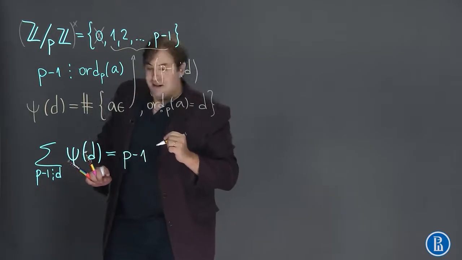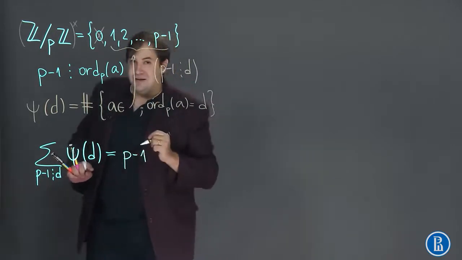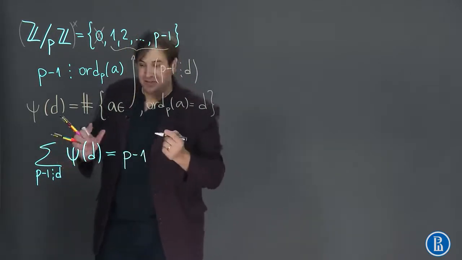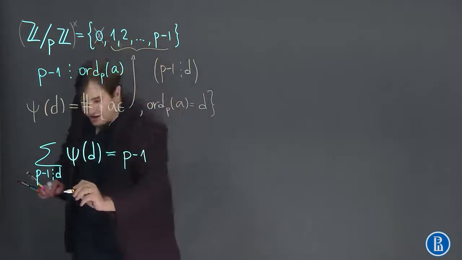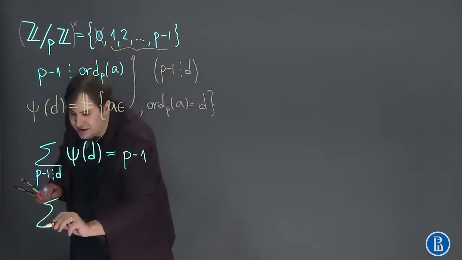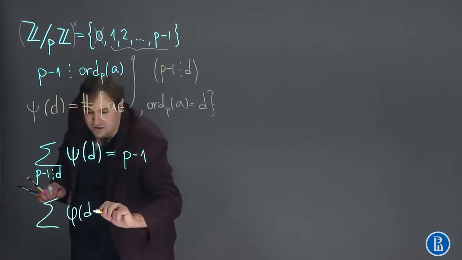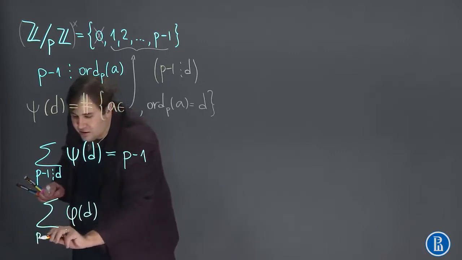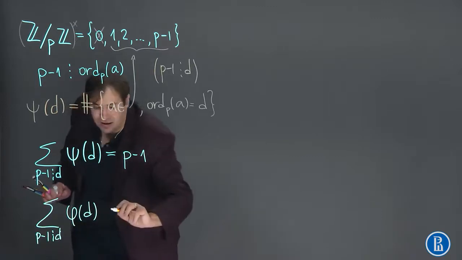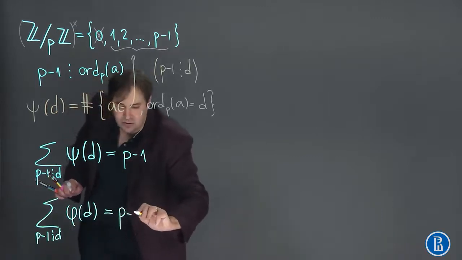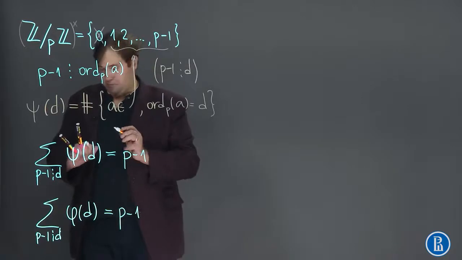Well, recall that we have a similar property for Euler's function. The sum of phi of d over all divisors of p minus 1 will be equal to p minus 1.